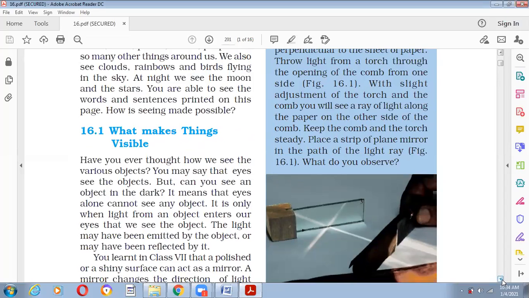But there is a phenomenon related to light which is very, very important, because if this phenomenon does not take place, then we will not be able to see. This is required to visualize the world in the presence of light. So what is that? That is reflection of light.